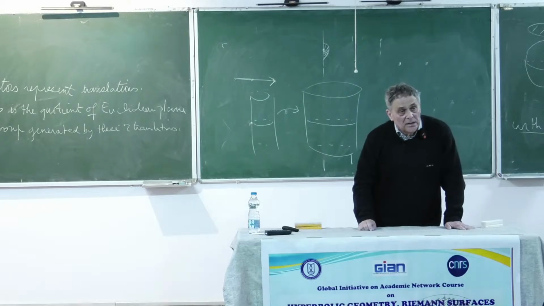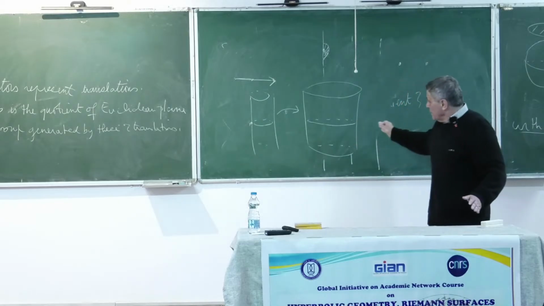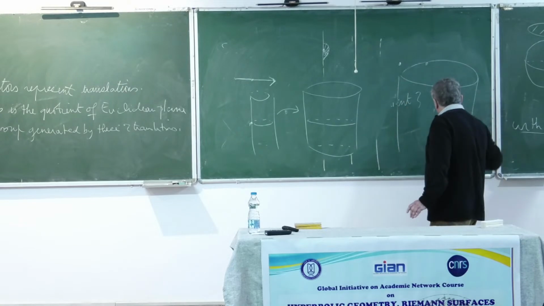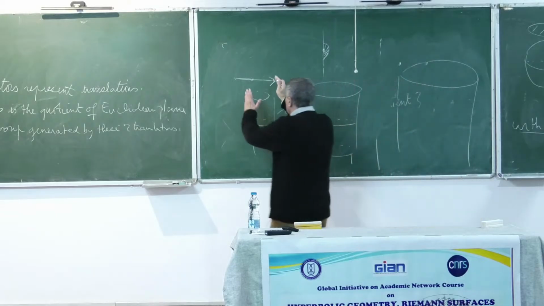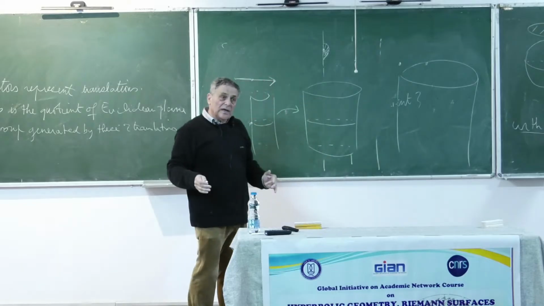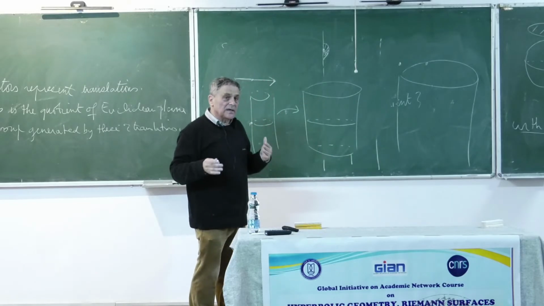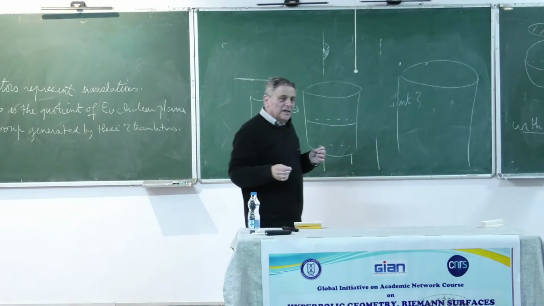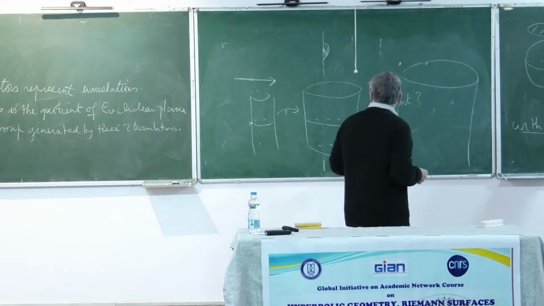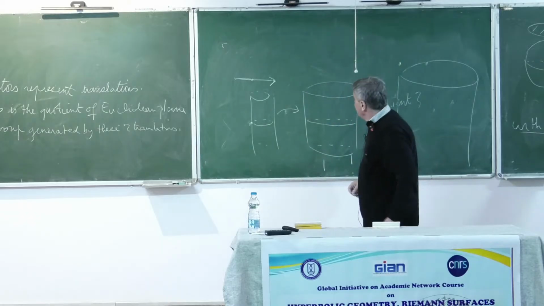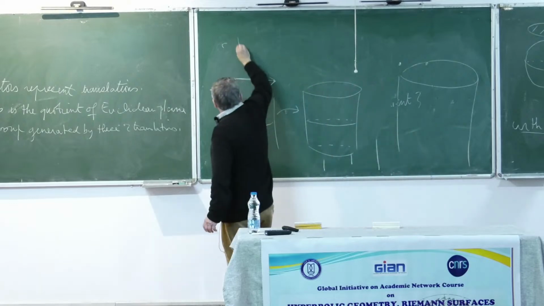Okay, so I get different kinds of cylinders by taking this vector longer and longer. And I know they are all non-isometric because the length of the shortest loop, let me write it more precisely.